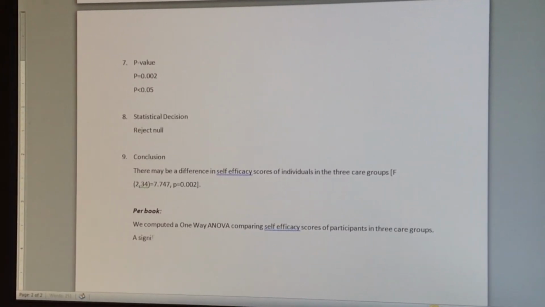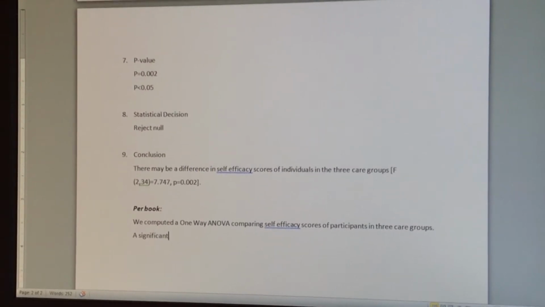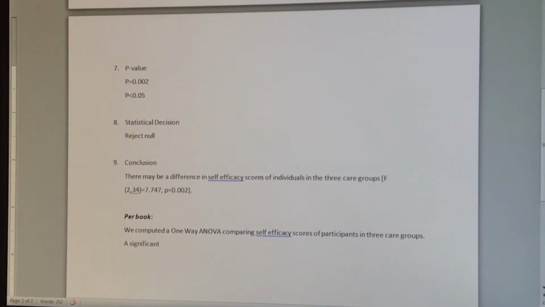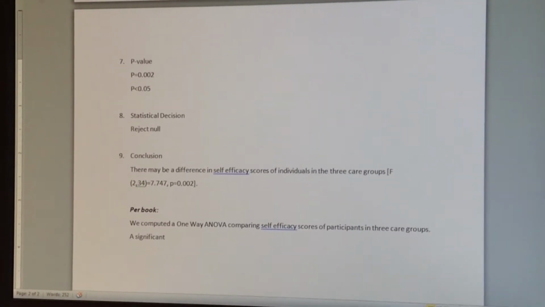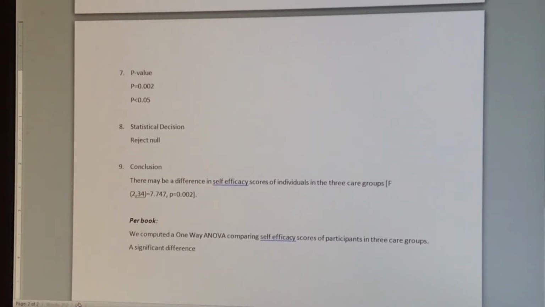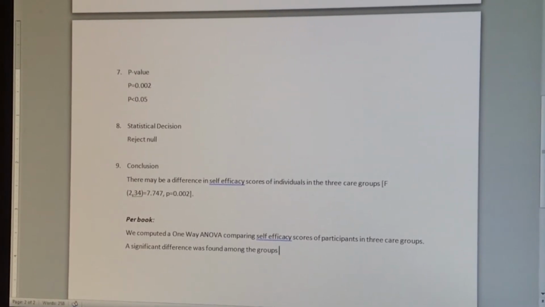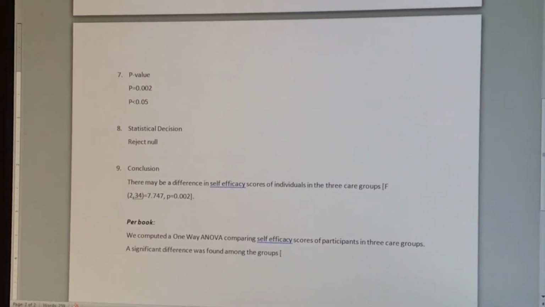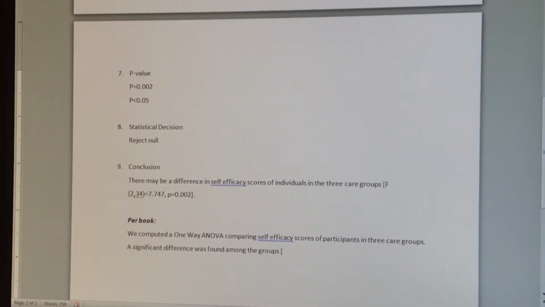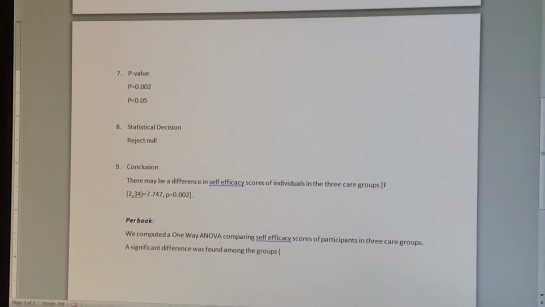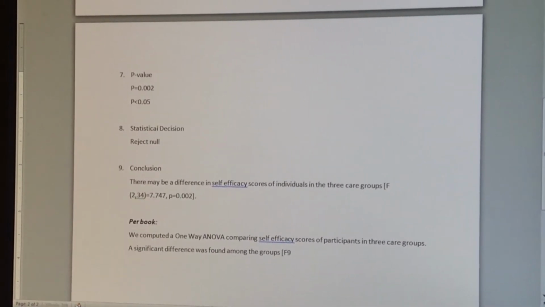A significant difference was found among the groups, and we know it's significant because we rejected the null, so that showed us it's statistically significant. Again, provide the evidence as to why you say there's a significant difference among the groups. So again, you have to provide the F.